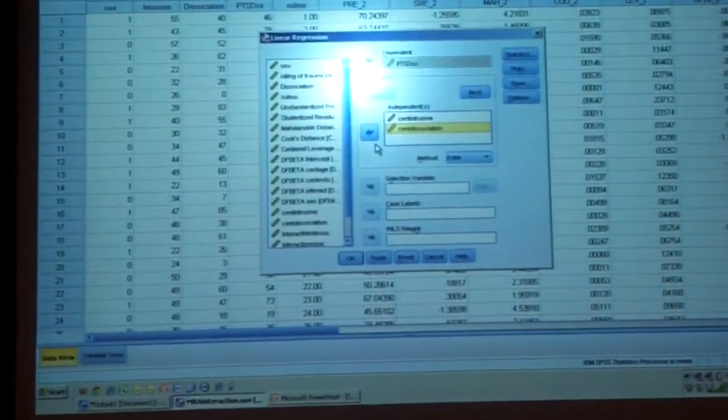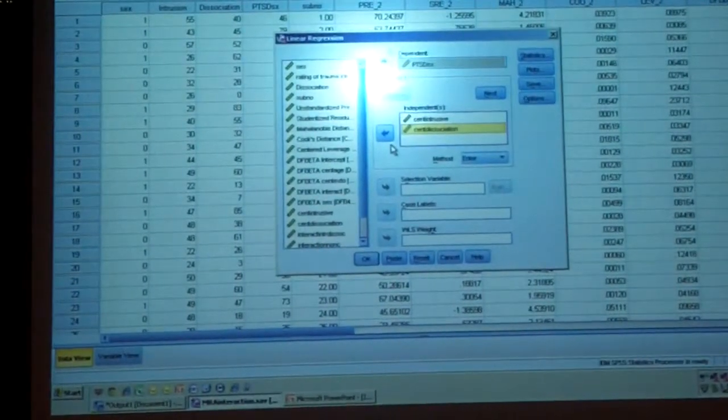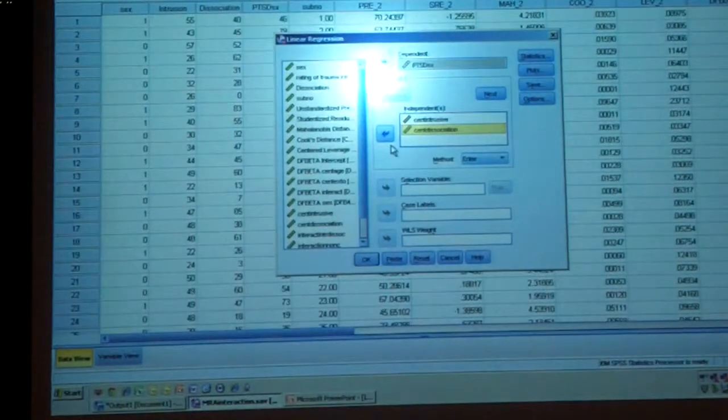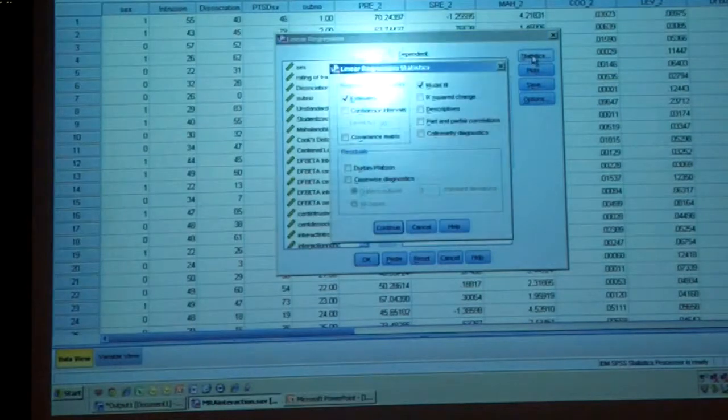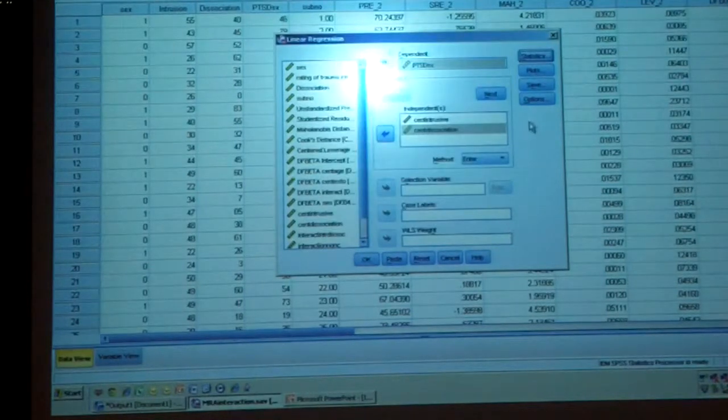So now the mean of each is 0, with standard deviations on each side, just to take care of the centering. On regression, we always use all of these options on the right, plus the Durbin-Watson. Continue, and there's other stuff we can talk about later that I won't do now.